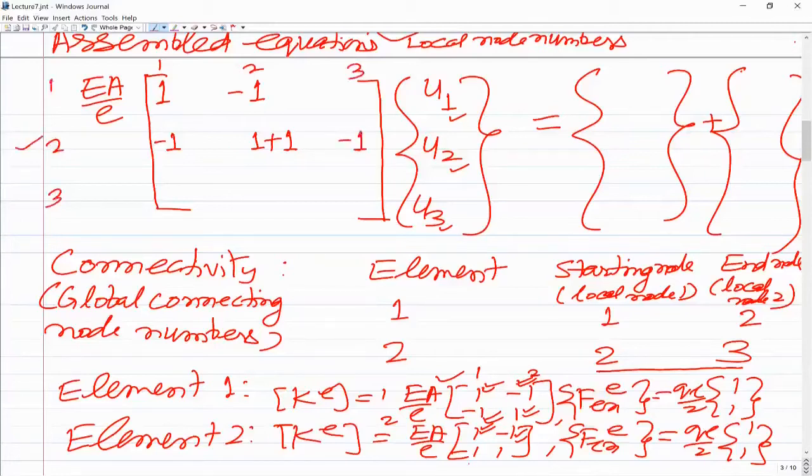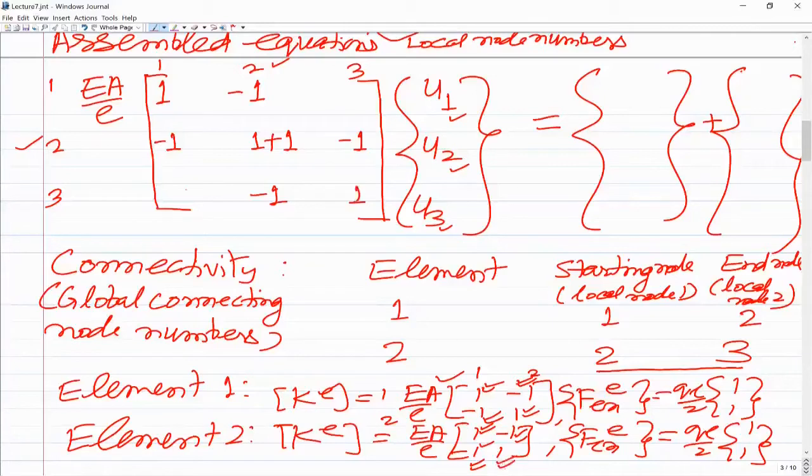Then the second row, first column goes to the third row and second column, so this term of the stiffness matrix will be added here. Then the second row, second column will go to the third row and third column, so it would be added here.